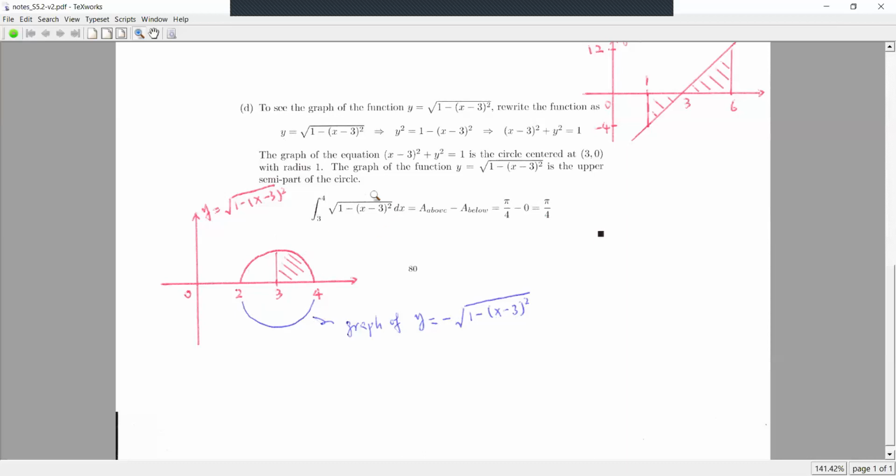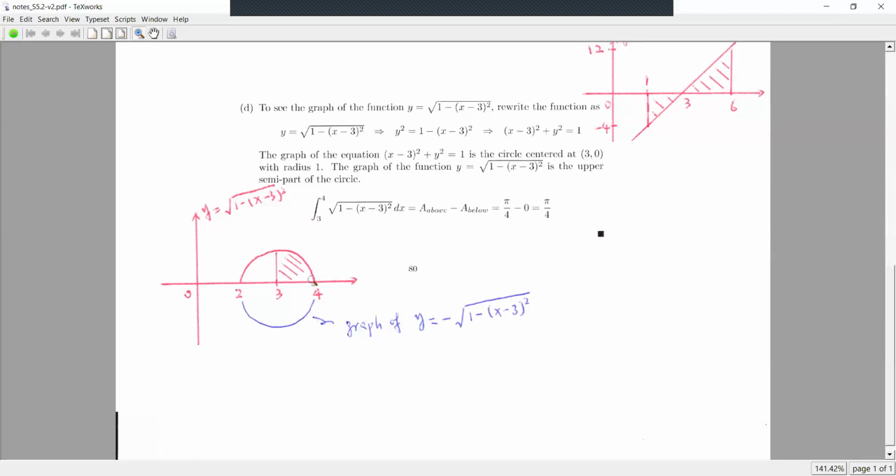Now, this integral from 3 to 4 is the region between the graph of this function, the circle, and the x-axis, and between 3 and 4. So the region is this shaded region.